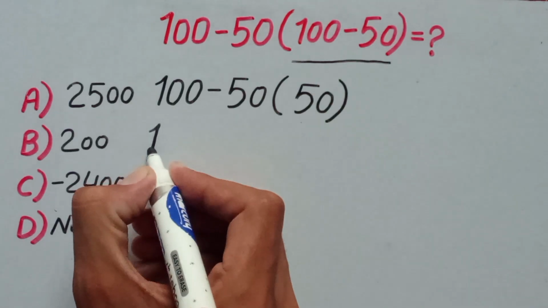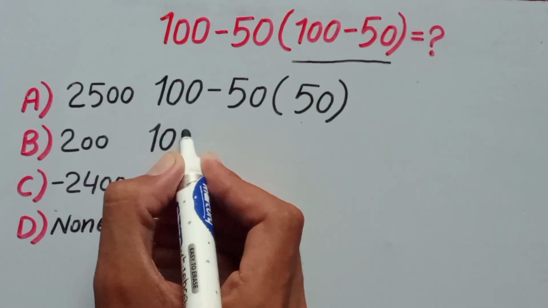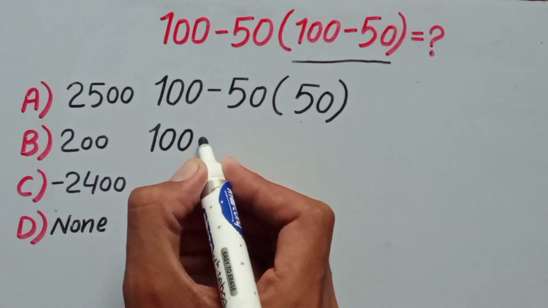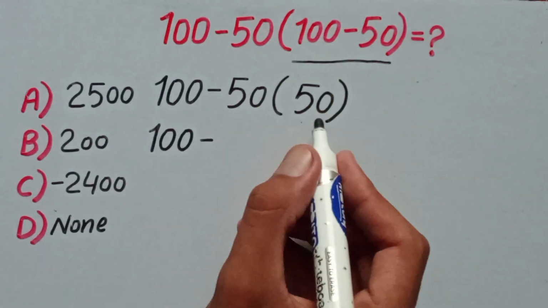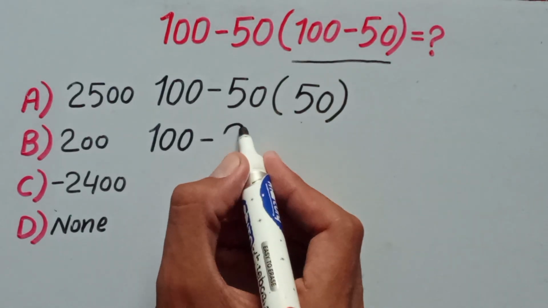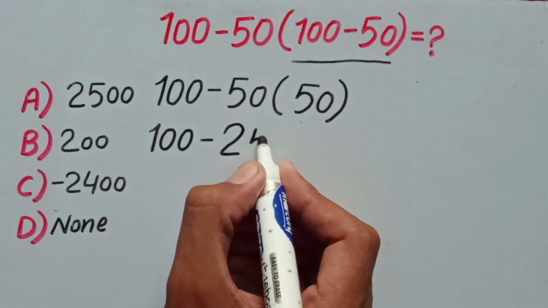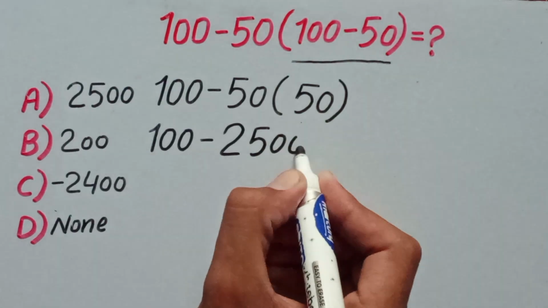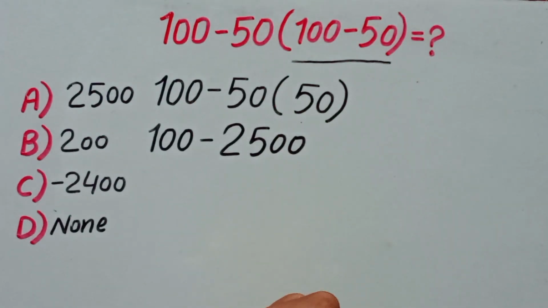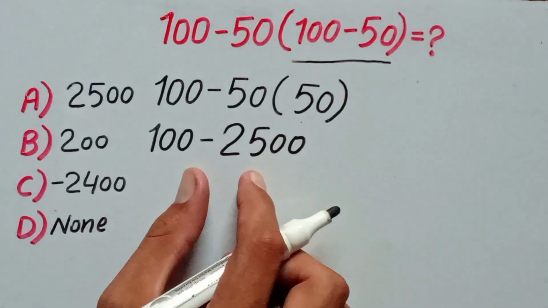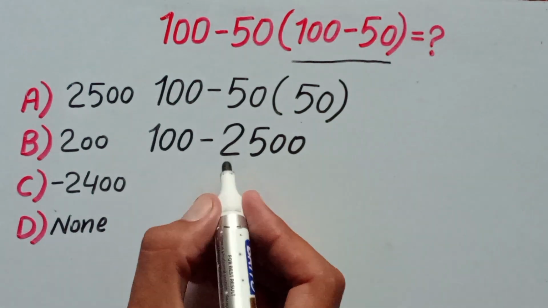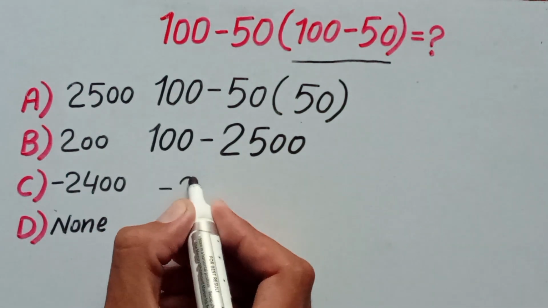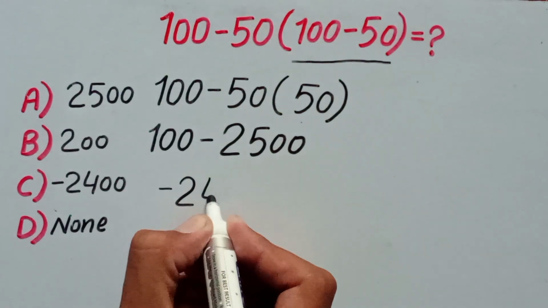So I rewrite 100 minus 50 times 50 equals 100 minus 2500. Okay, now here guys, when we simplify this, the answer is minus 2400.